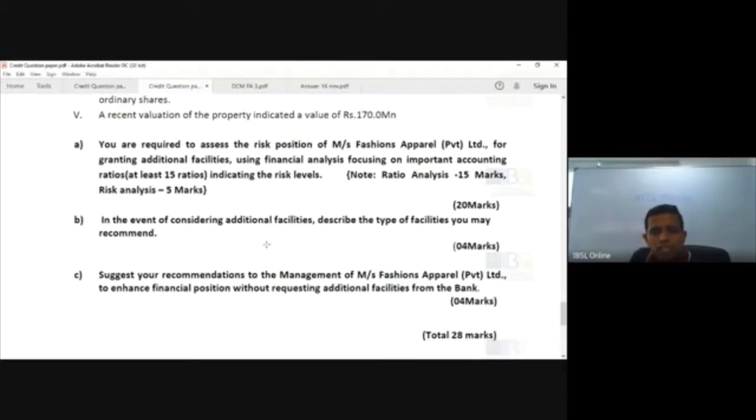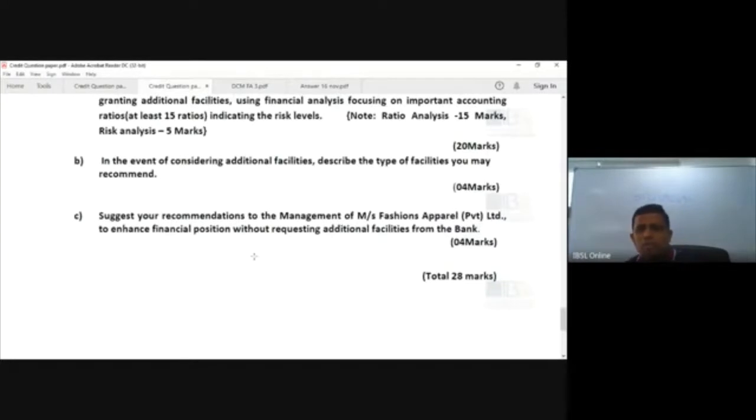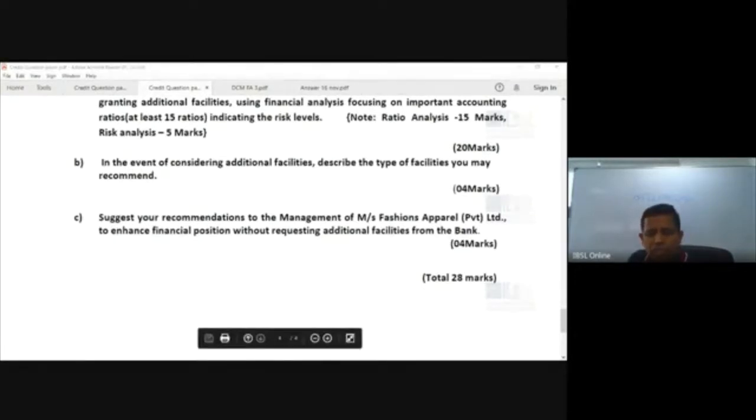The second one is, in the event of considering an additional facility, describe the type of facilities you may recommend. Number 4, suggest your recommendation to the management of MS Fashion Limited to enhance the financial position without requesting additional facilities from the bank. Right. We will first calculate the ratios.